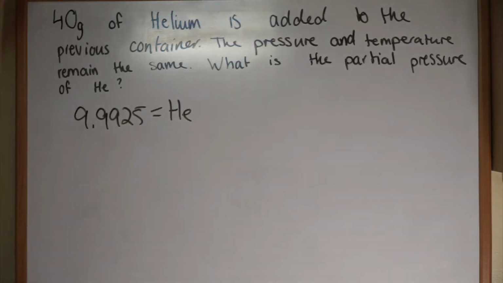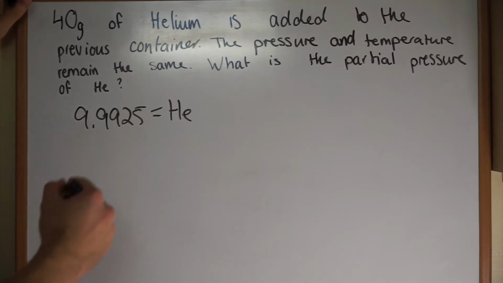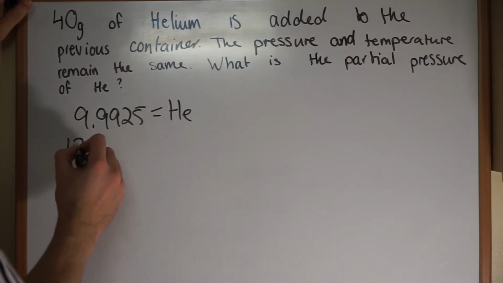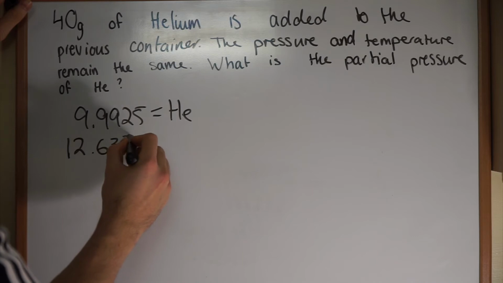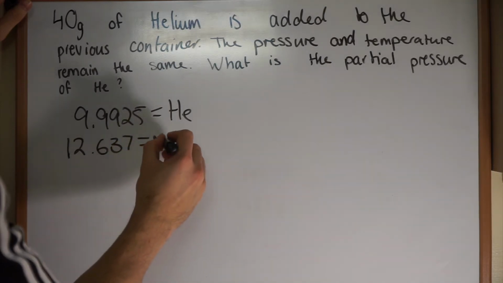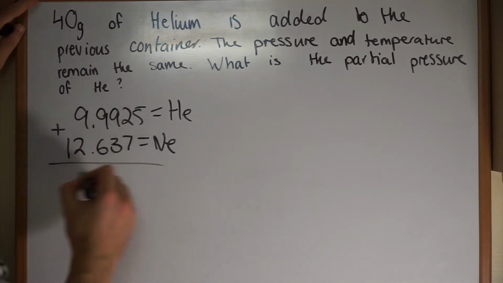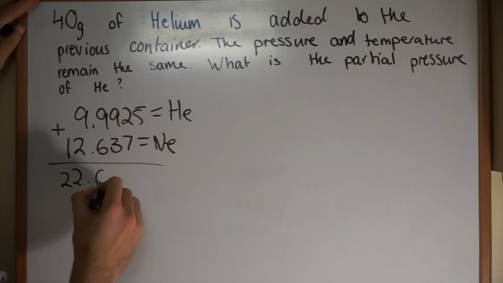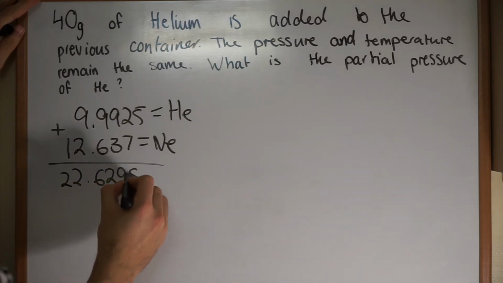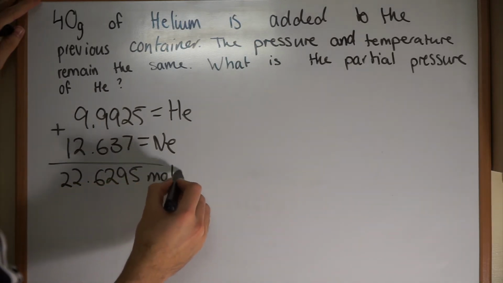Now we already know the moles of neon in the container, and that is 12.637. If we add the two together, this should equal 22.6295 moles.